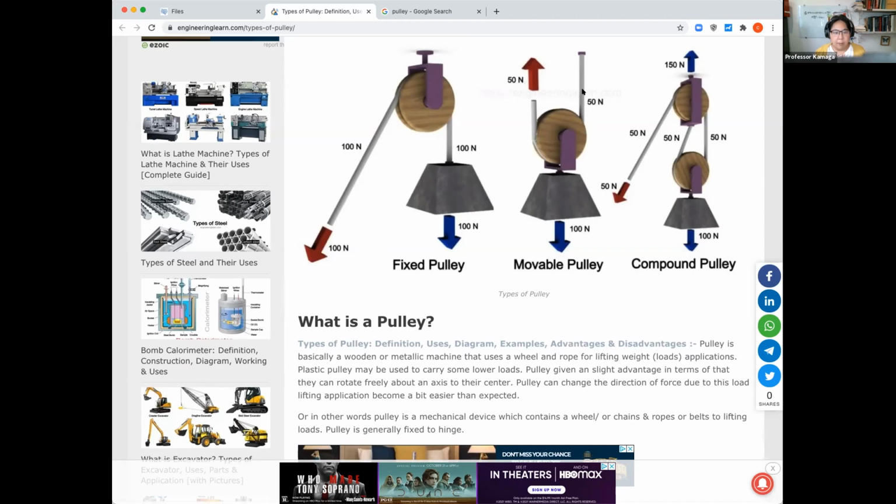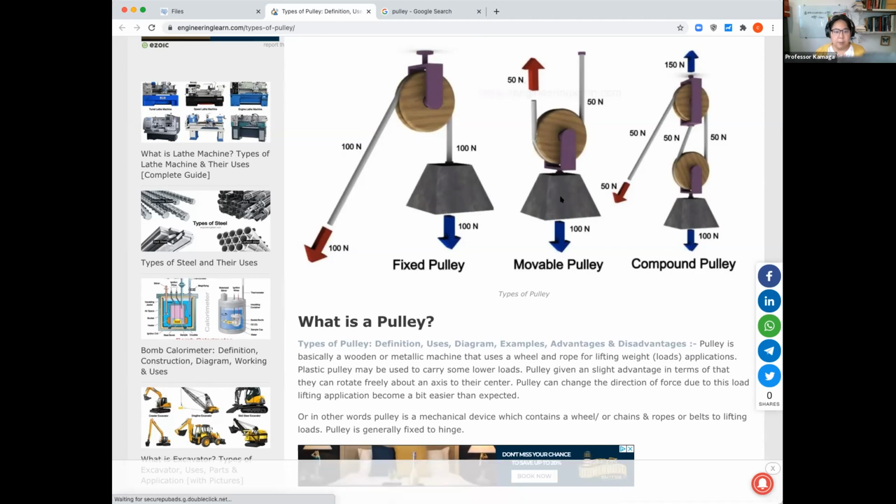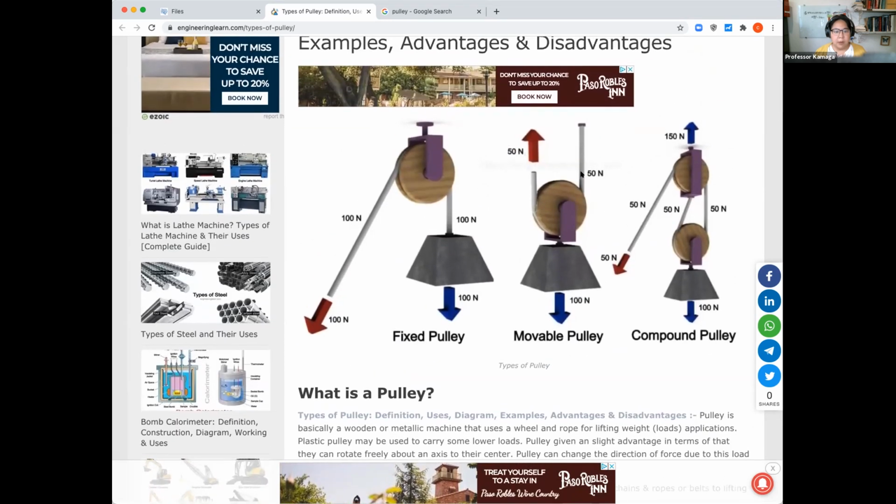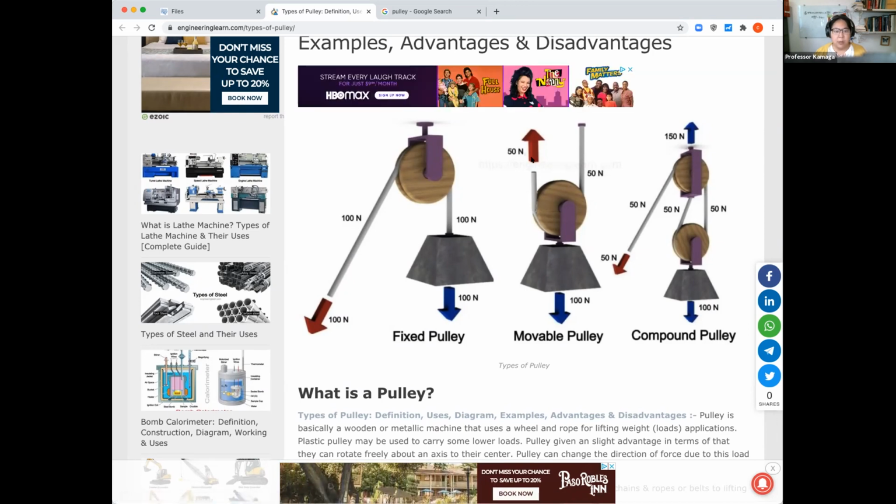And when you have a movable pulley, you see that you're supporting this 100 Newton weight with two ropes. Since it's the same rope, but it's almost like you're pulling with two ropes, the tension force is now divided in half, 50 Newton.